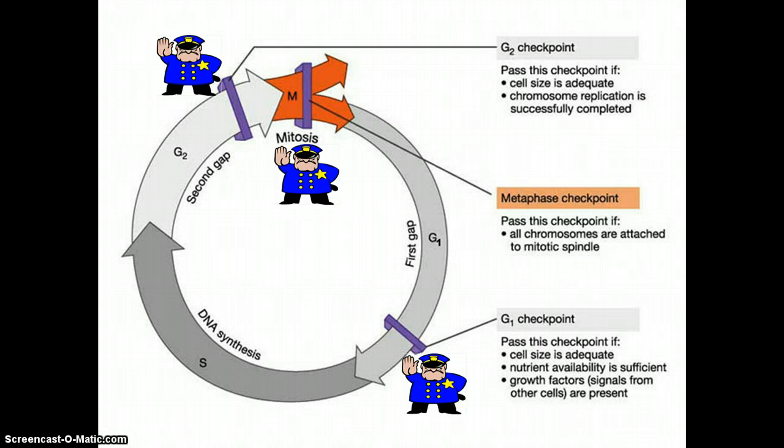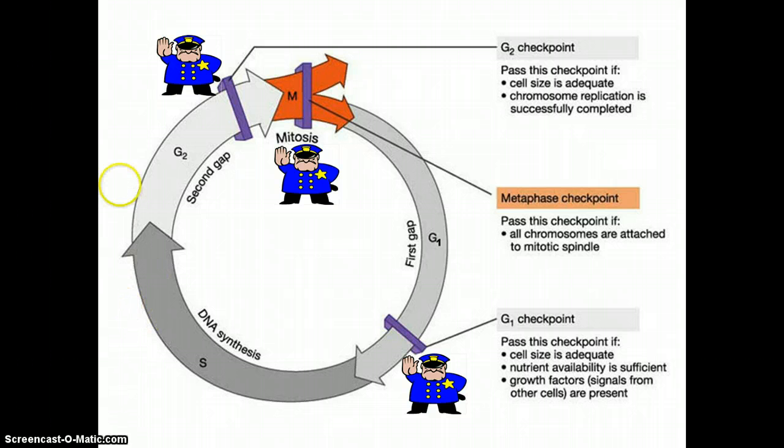Before mitosis and at the end of this G2 phase, there is another checkpoint. This again makes sure that the cell is big enough to divide and that the DNA has been replicated correctly. If the go gene is expressed, if this little policeman checkpoint says, okay, you've done this correctly, then the cell may go ahead and go through cell division.